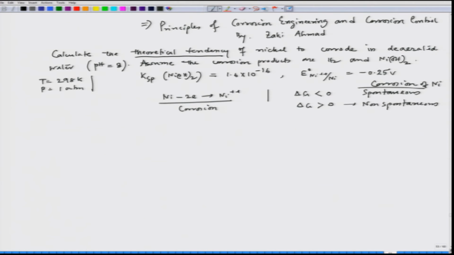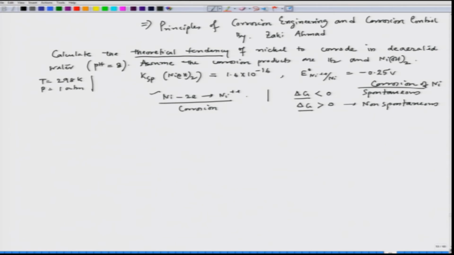Now, when we say the entire system, it is not for this particular reaction. We have to see the other reaction which takes place, because this is my anodic reaction. So, we have to have a cathodic reaction. So, the cathodic reaction is this.